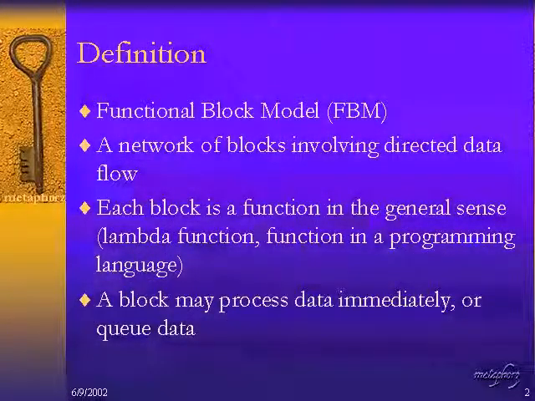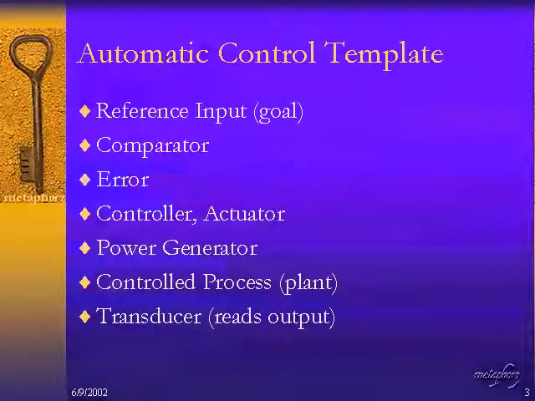We'll come back to the definition momentarily and then move to an example of a functional block model. This particular example is kind of general, but still deals with the area known as automatic control. In automatic control, we have the following elements, which we'll draw in a moment.